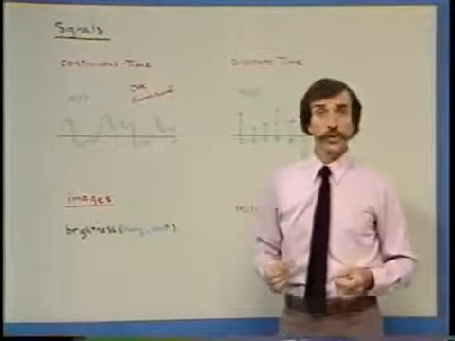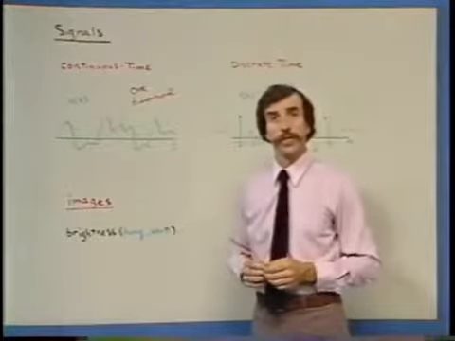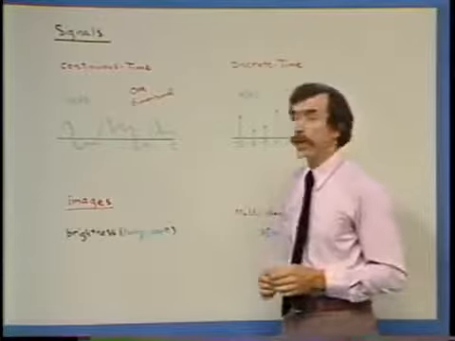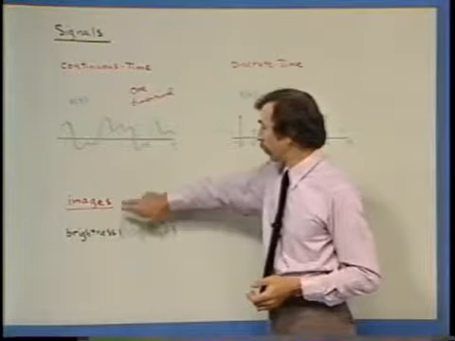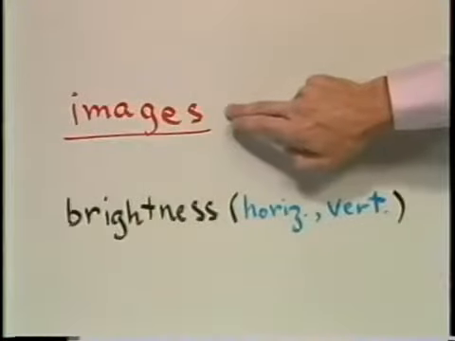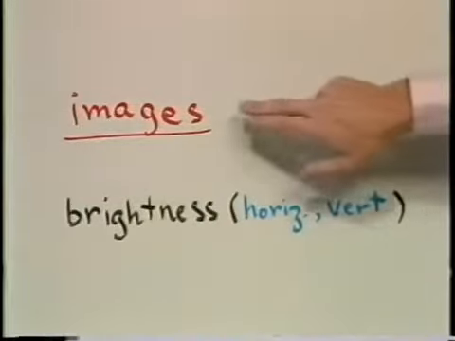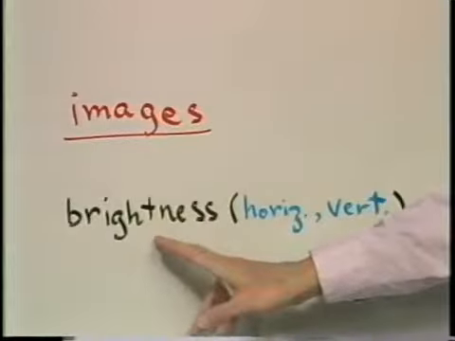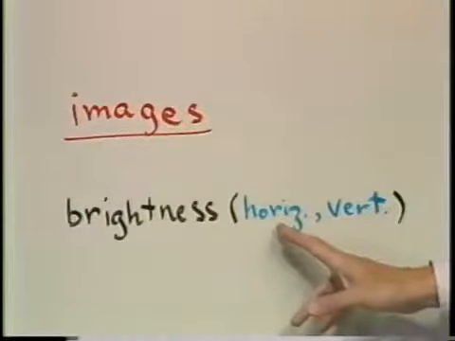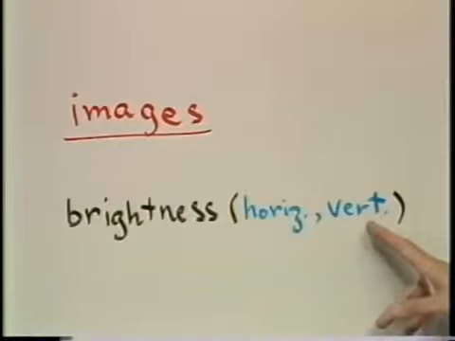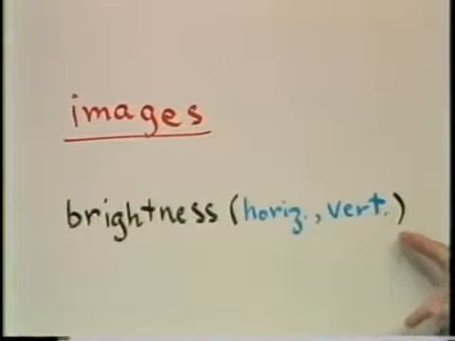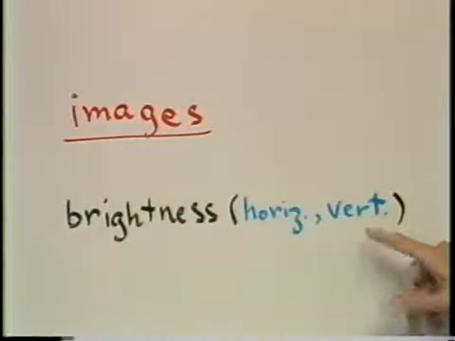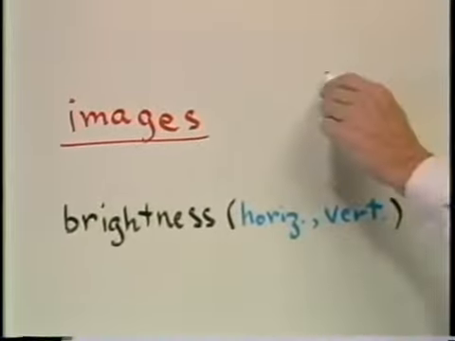Now, signals can, of course, be multidimensional, and they may not have as their independent variables time variables. One very common example are the examples represented by images. Images as signals we might think of as representing brightness as it varies in a horizontal and vertical direction. And so the brightness as a function of these two spatial variables is then a two-dimensional signal.